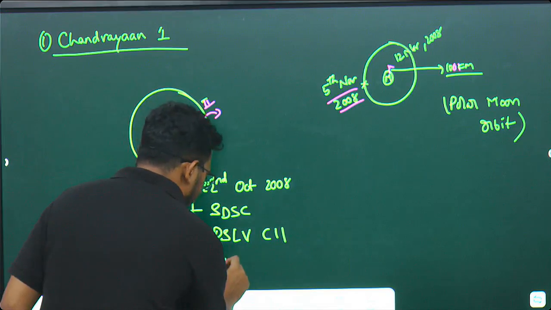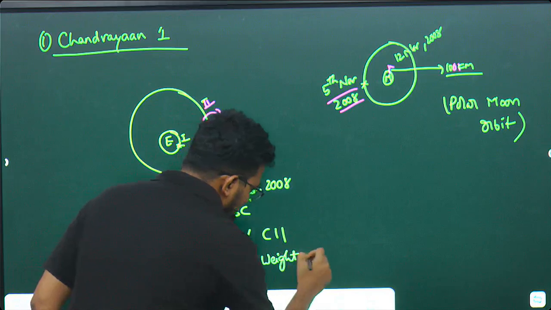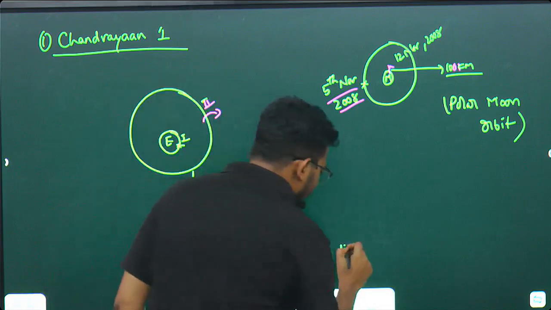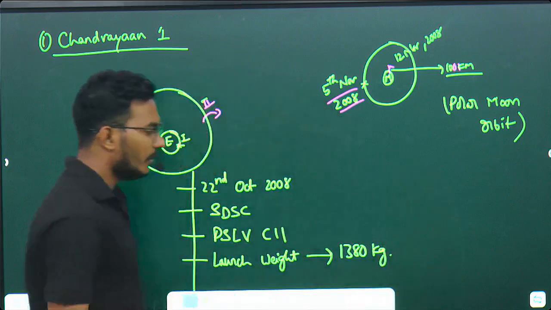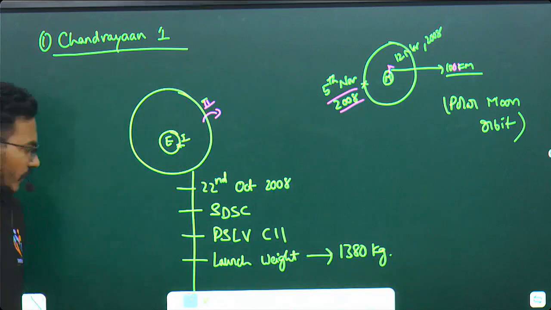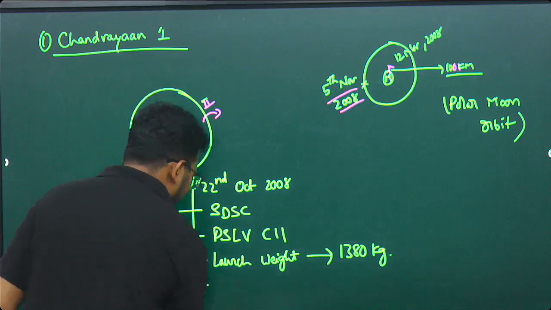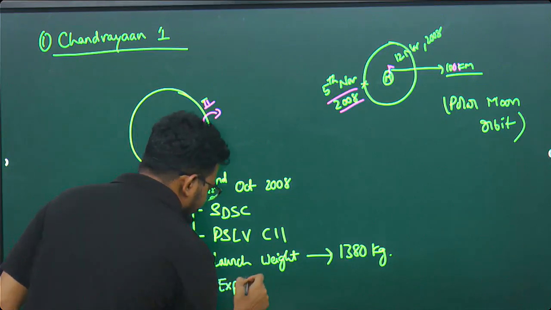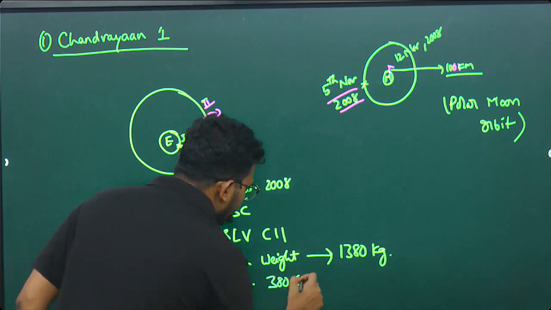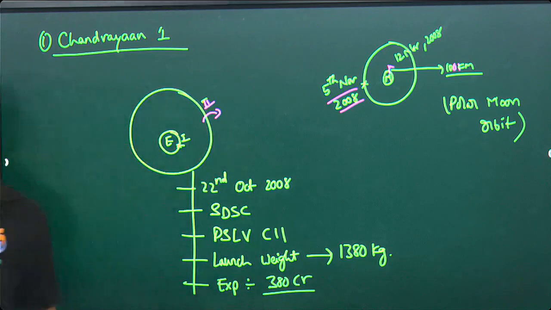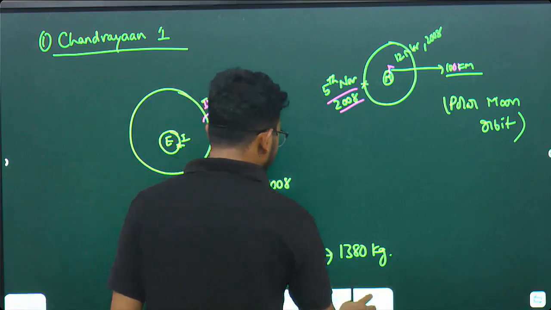Launch weight, launch mass: 1380 kgs. Okay. And the cost which is associated is 380 crores. 380 crores.